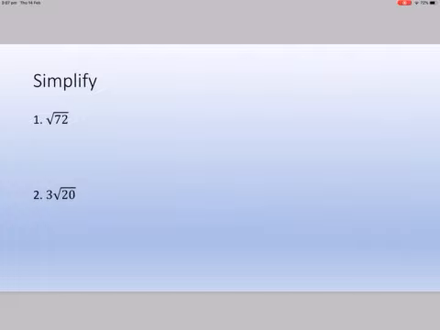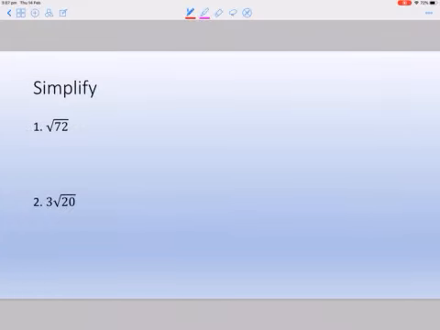Okay, so what we're going to do is simplify this surd. Now we can split this one up to root 2 times root 36 because half of 72 is 36, and the reason why I do that is that 36 is a square. 6 times 6 equals 36, so therefore the square root of 36 is 6.